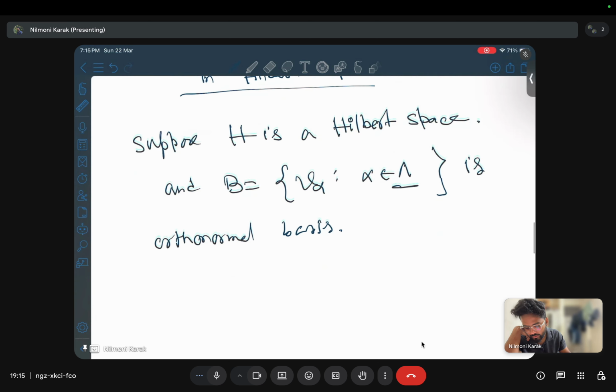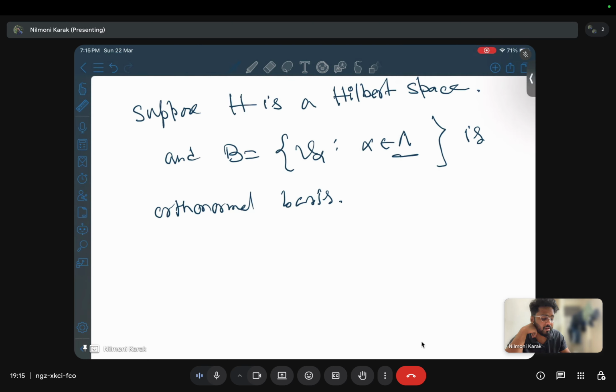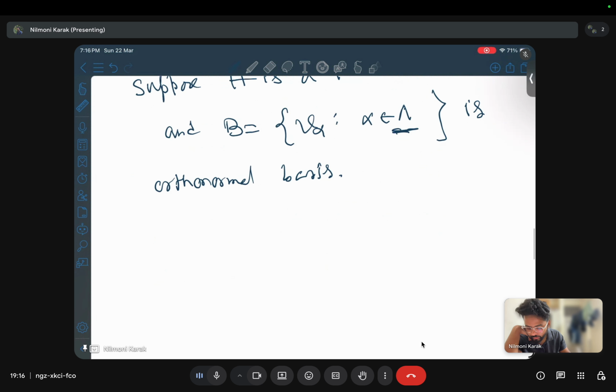A Hilbert space with uncountable orthonormal basis is huge, but this appears in some applications in Fourier analysis and differential equations, such as the theory of almost periodic functions. We will come to almost periodic functions later.